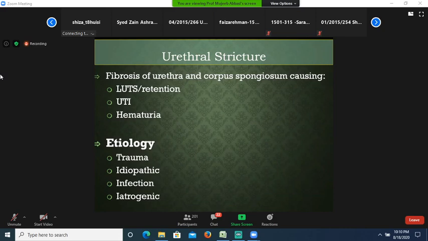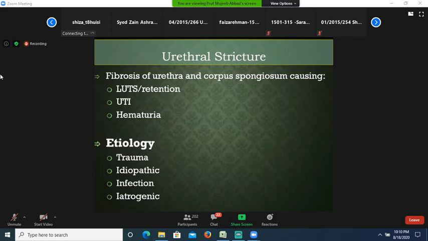These are the complaints. Then etiology could be trauma, which is more common. People riding bicycles, people riding motorbikes, people having a fall on pointed objects, as we see every day, especially motorbike accidents. So trauma is that. The other one is idiopathic.